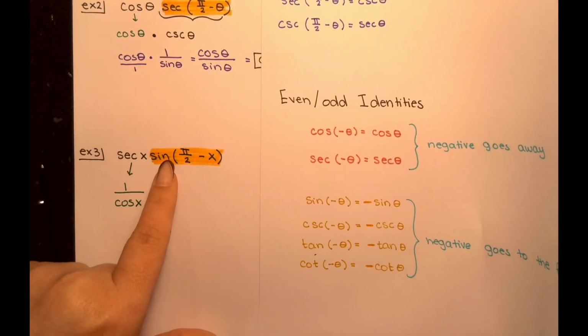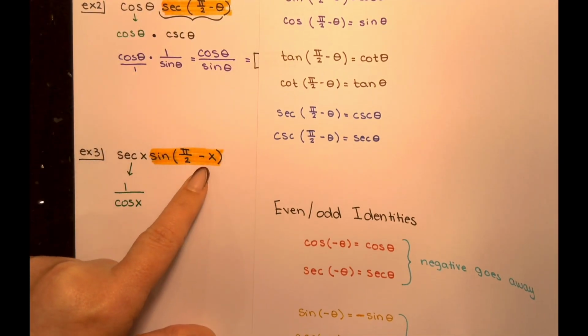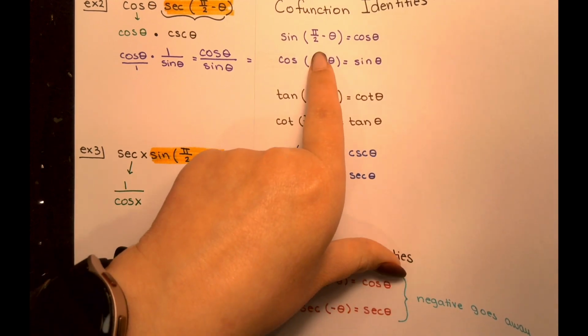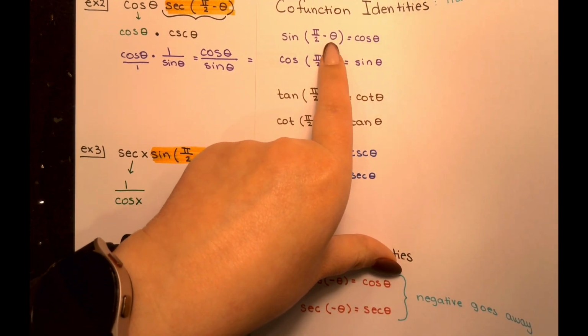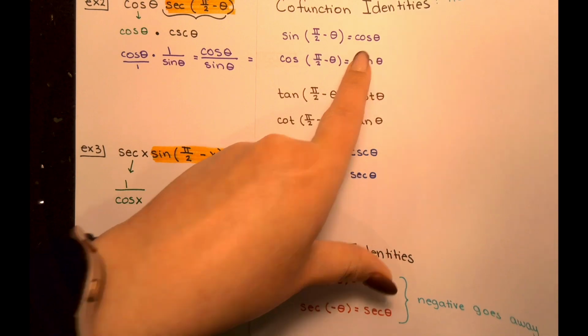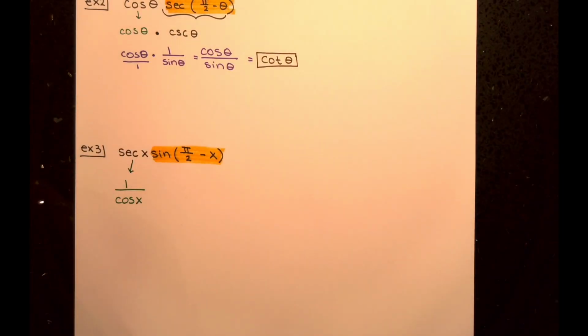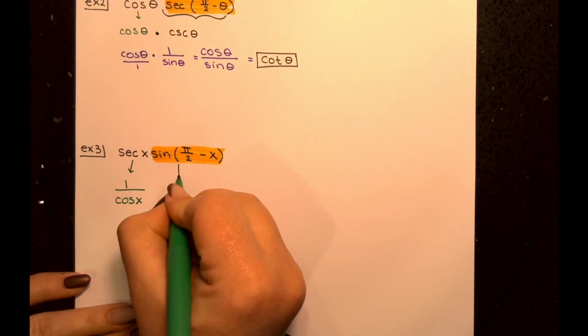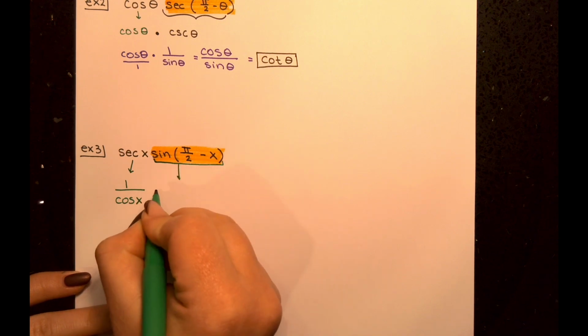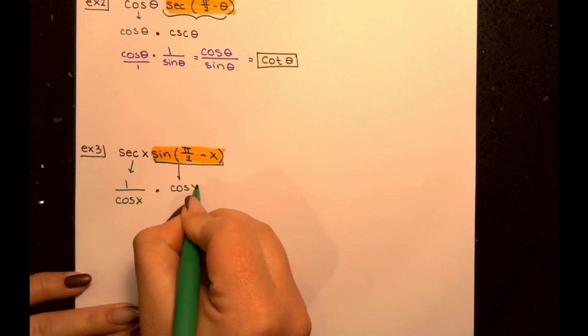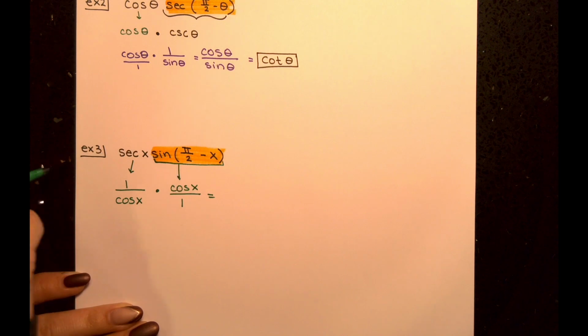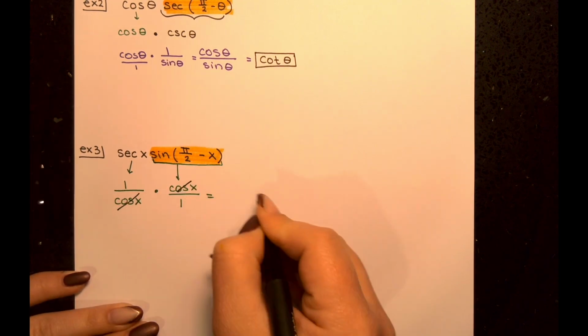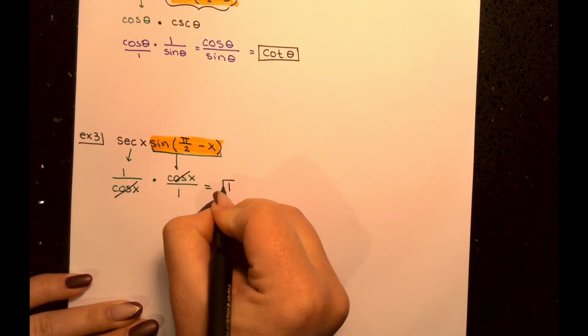So we're looking at sine of pi halves minus x, which is cosine, and we're going to use cosine of x here. Put a 1 underneath it, and you notice that the cosines divide, so we're just left with 1 here.